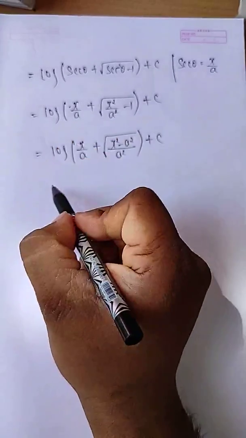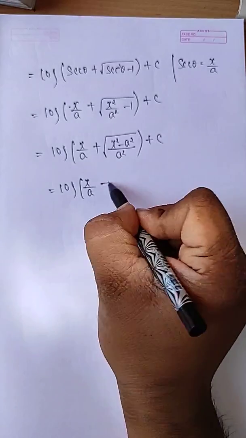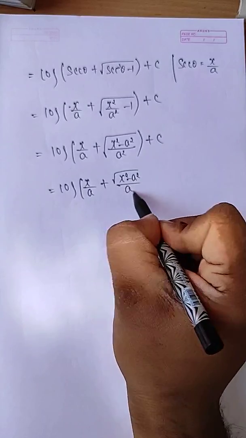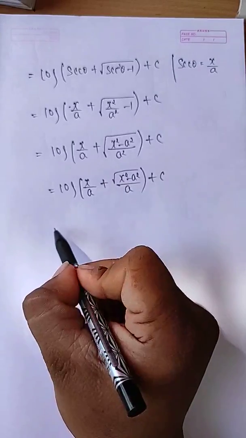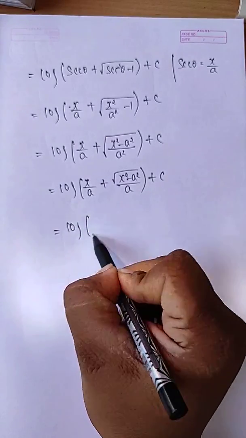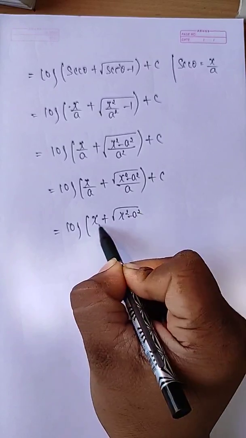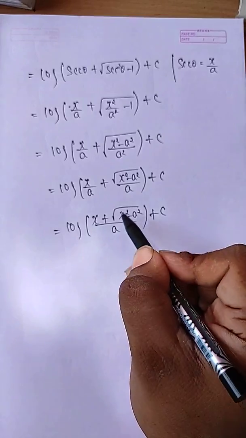A square comes out of the root, so log of x by a plus root of x square minus a square by a, plus c. Denominator is the same, so add the numerator: log of x plus root of x square minus a square by a, plus c. It is in the form of log m by n. What is log m by n?